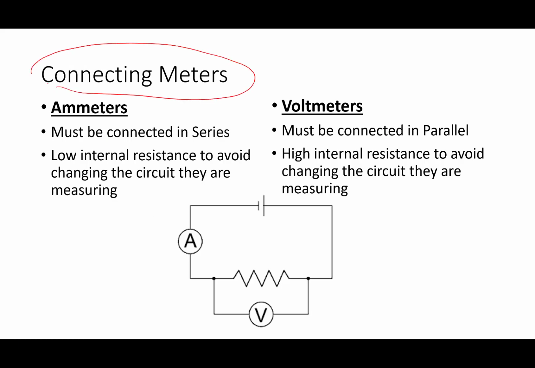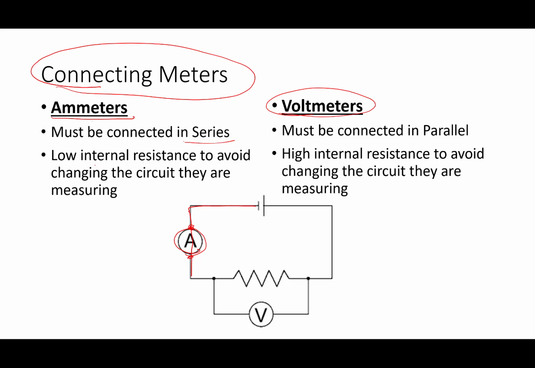Now, there are meters that we use to measure current and voltage: ammeters for current and voltmeters for voltage, or electrical potential. When an ammeter is connected, it has to be put into the circuit. You have to break the circuit and put the ammeter inside it so that the current can flow through that ammeter.